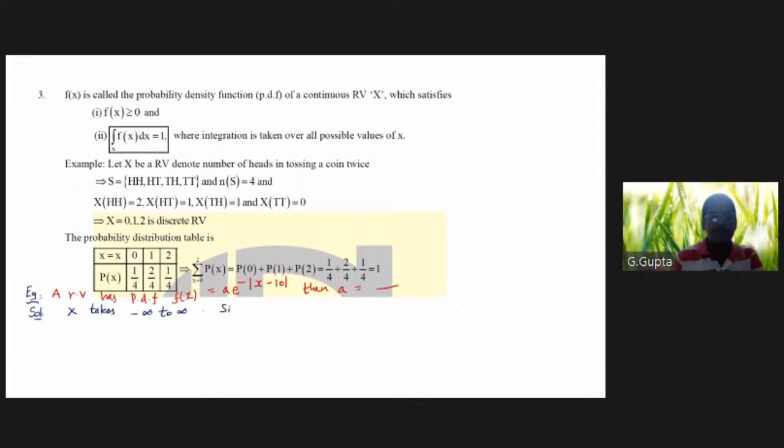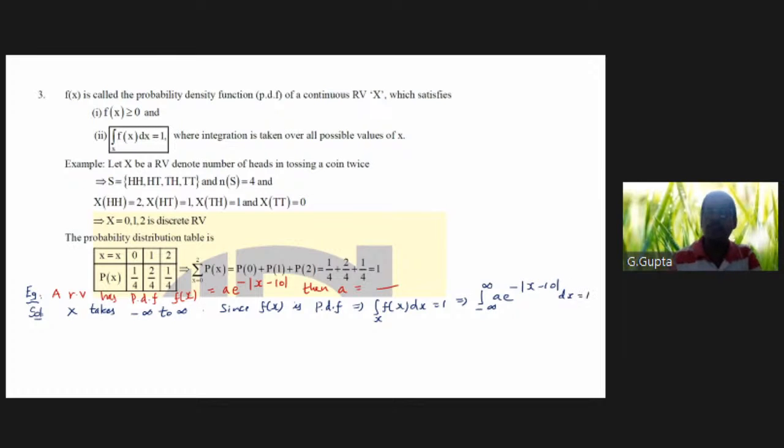Since f of x is a probability density function, short form PDF, this implies integration taken over all x of f of x dx equal to 1. Which implies integration from minus infinity to infinity of a times e to the power minus mod x minus 10 dx is equal to 1.